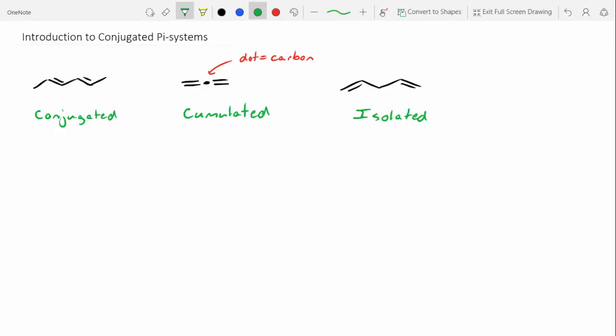There's no resonance structures that can go through p orbitals that are perpendicular to one another. They must be aligned, right? And with isolated systems, we get no resonance because we've got at least an sp3 carbon in the center. We can't have any resonance going through an sp3 carbon. So let's take a look at some examples.